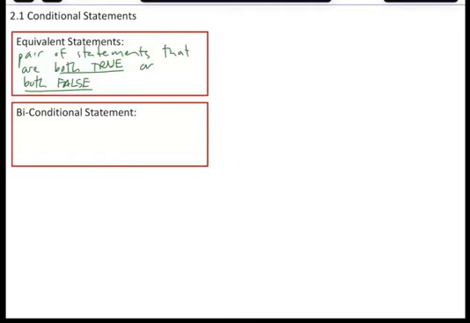And then the last definition here to look at is something called a biconditional statement. You've probably heard of this before, but using a different phrase. Biconditional statements are ones where the statement and the converse are both true.